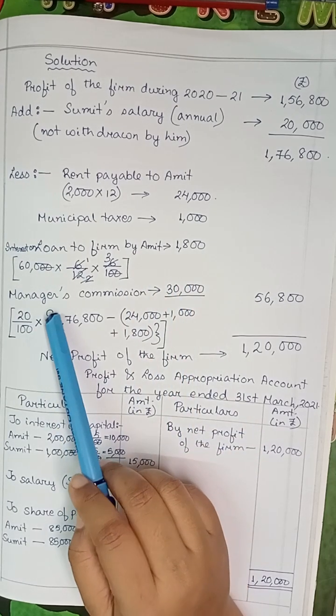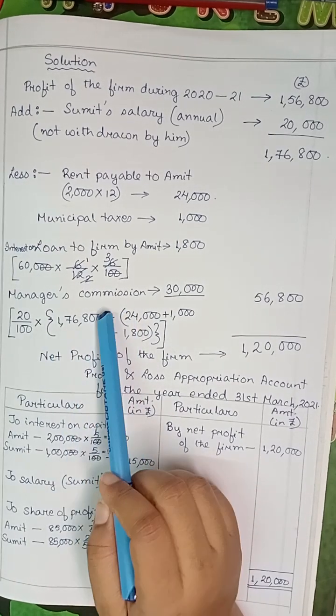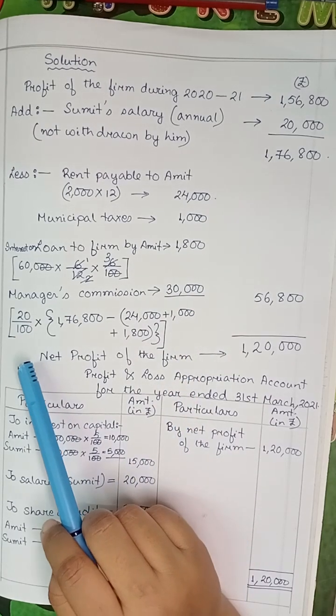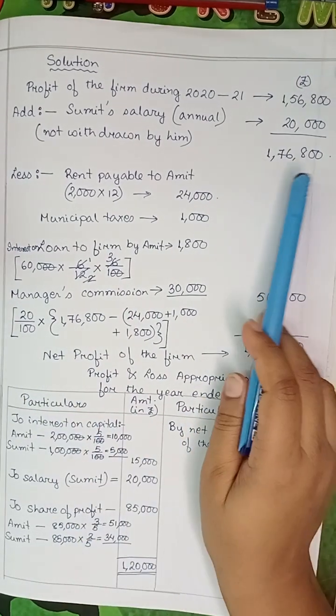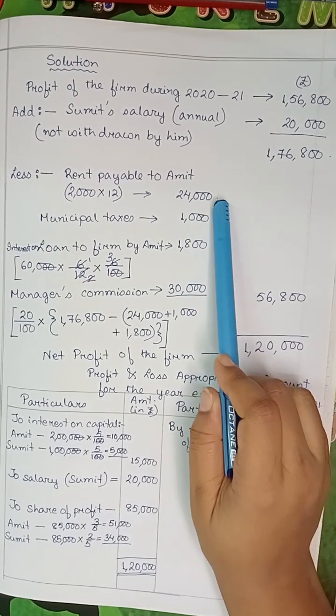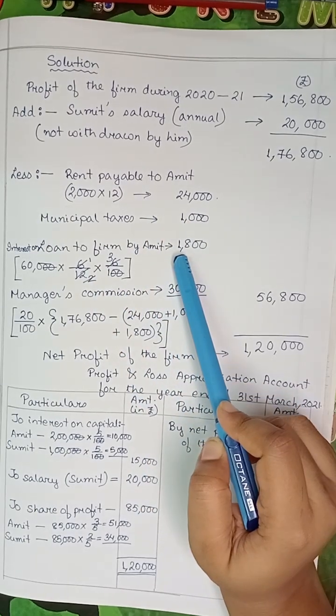Now you have to take out the manager's commission. It is said in the question that the manager's commission is 20% of the net profit. Net profit means this profit minus these three expenses, that is rent, municipal tax and interest on loan.